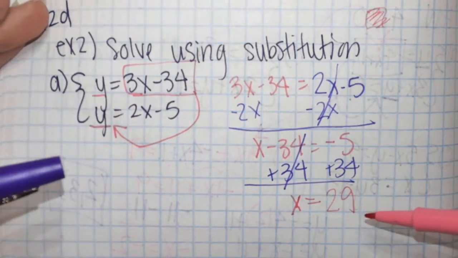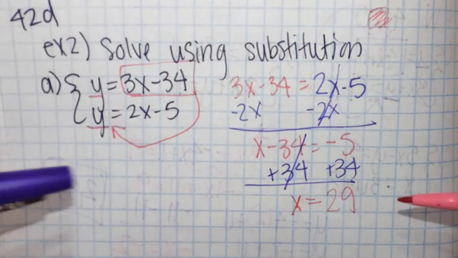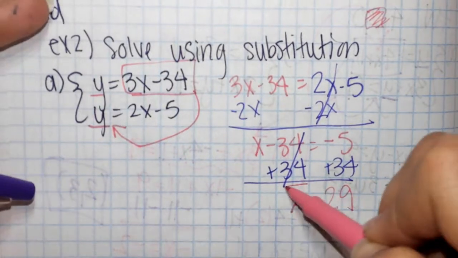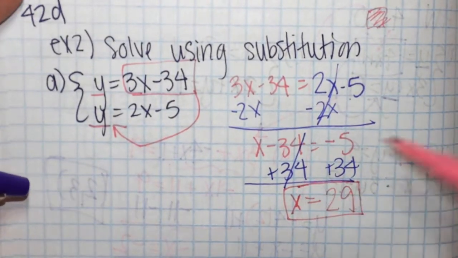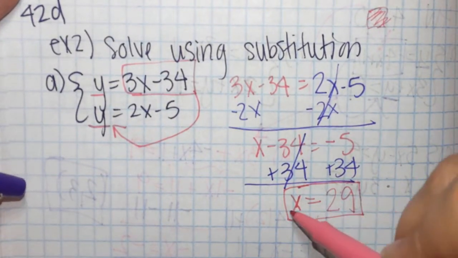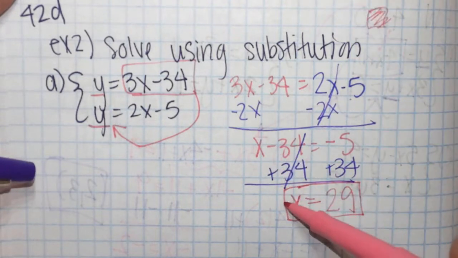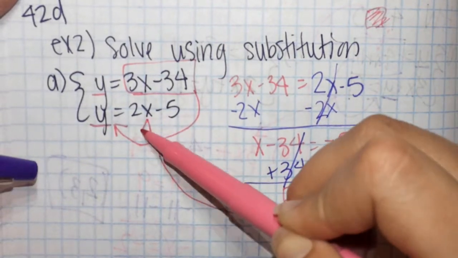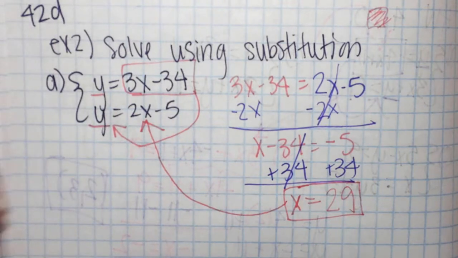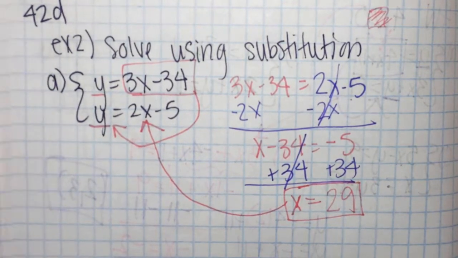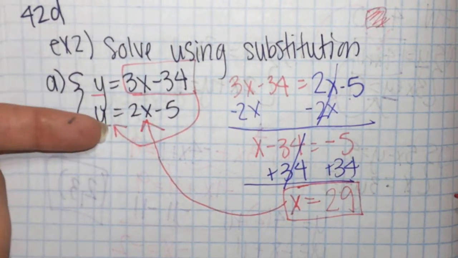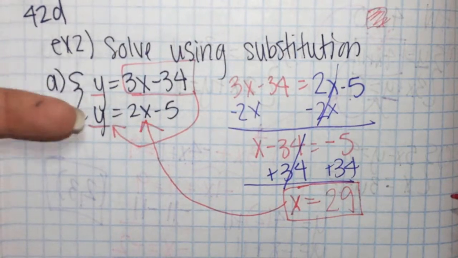Alright, now, we have x. What do we need to find next? Y. We have to find a y. So put a box around it. We take what x is and we plug it in here. Now, you could plug it into the top or the bottom. It doesn't matter because both y's are by themselves. So you could plug it into either one.